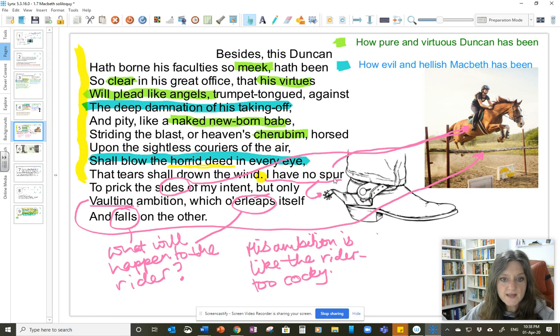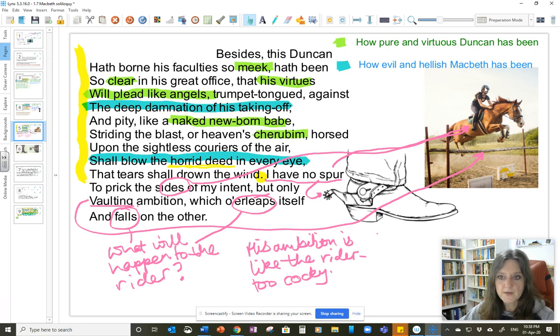So Macbeth says, I have no spur. He doesn't have something to encourage the horse to leap over, to prick the sides of my intent. So that's what they do with the spur. But only vaulting, so you can see the horse here is vaulting. The rider is making the horse vault, only vaulting ambition.